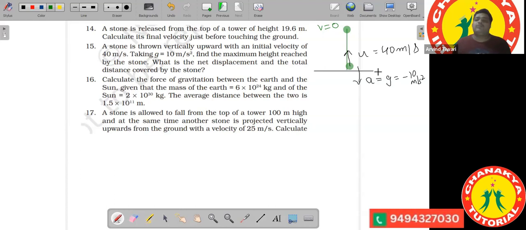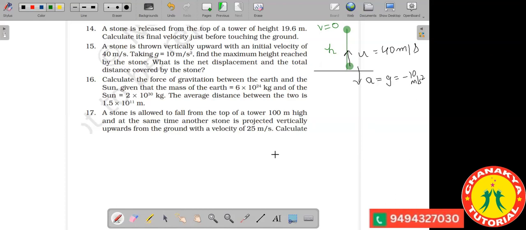Okay. So if you put these conditions, you have acceleration as -10, you have initial velocity as 40, and you have final velocity as 0. And I want to find out this height. So Smith, which of the three equations will hold all these four values?